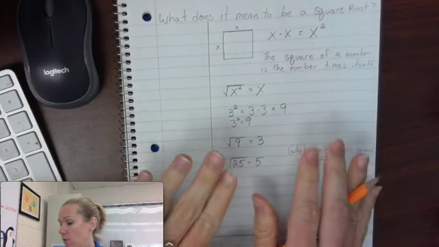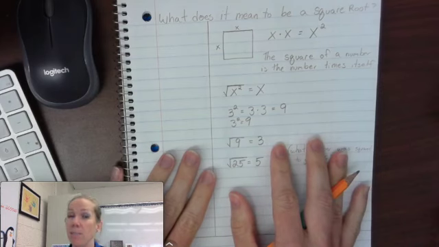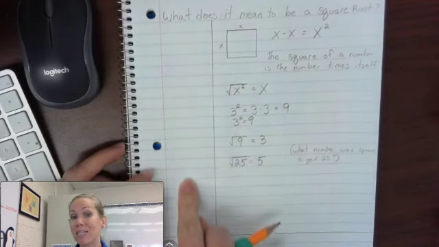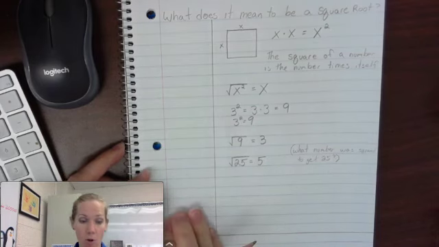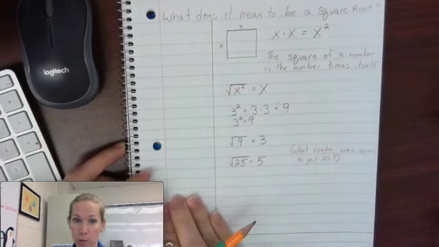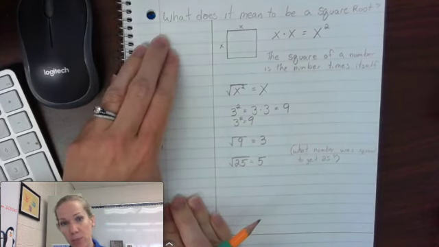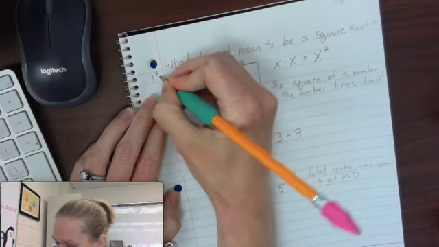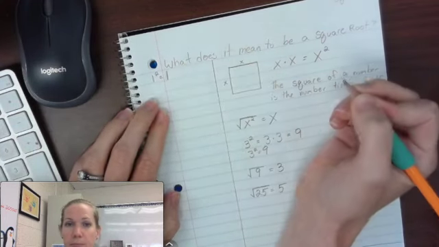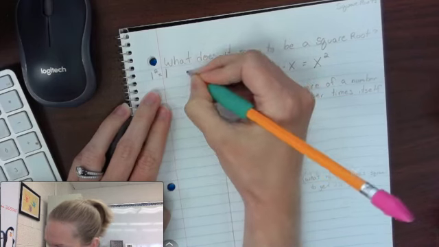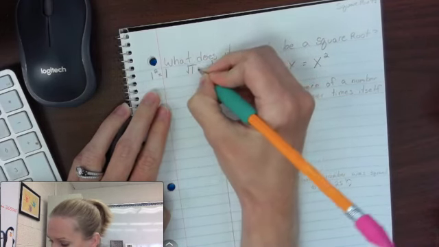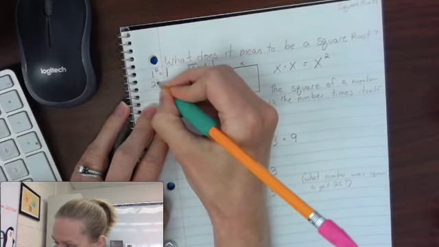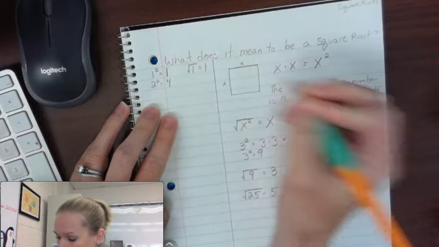Now, for this, memorization is key. Down this side, you are going to need to put all of your squares and your square roots. I'm going to do the first couple so you can see what I mean. So, 1 squared equals 1. 1 times 1 is 1. The square root of 1 equals 1. 2 squared equals 4.